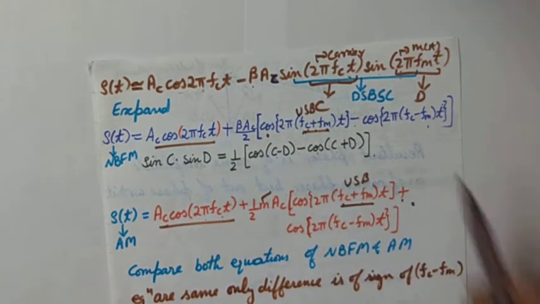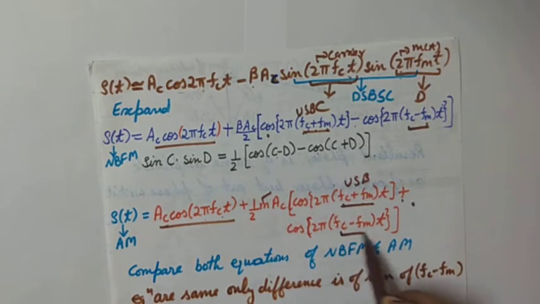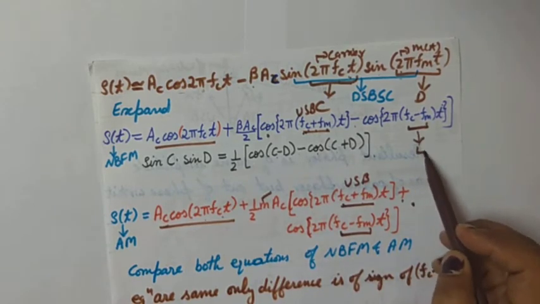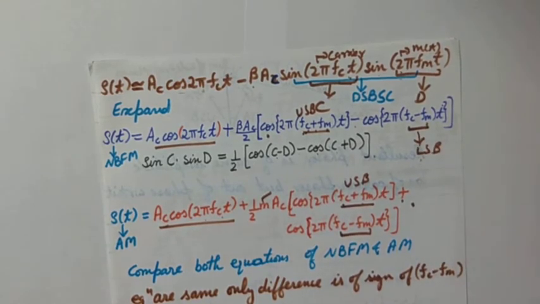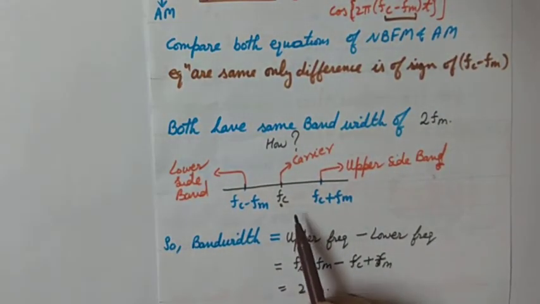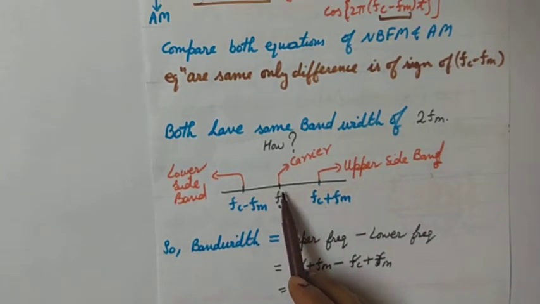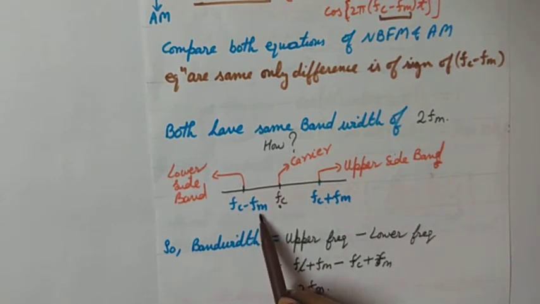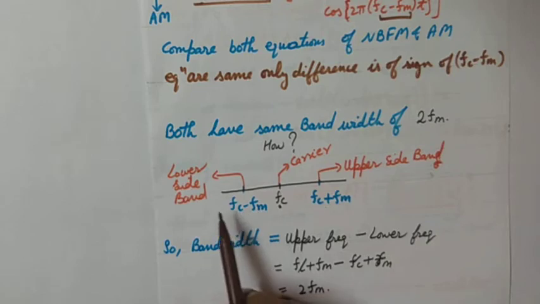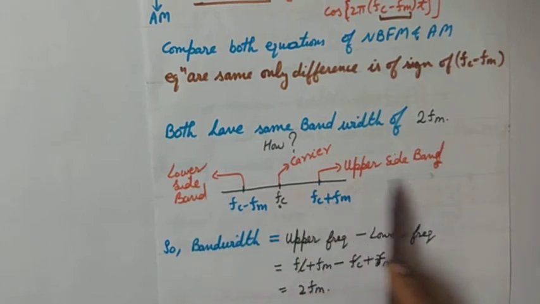And the other frequency is FC minus FM, and we call it the LSB, lower sideband, because it is lower than FC. In the center I've taken FC, on the right-hand side, since it is more, I've written FC plus FM, and to the left of FC I've written FC minus FM. So it is less, so we call it the lower sideband, and this one is the upper sideband.